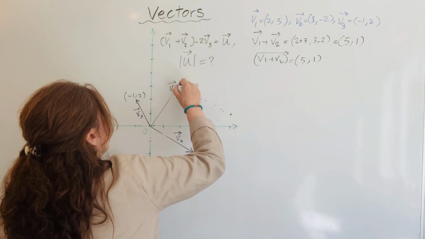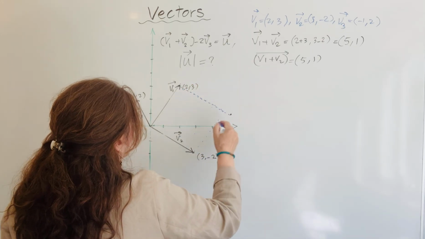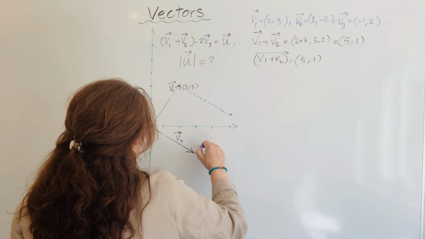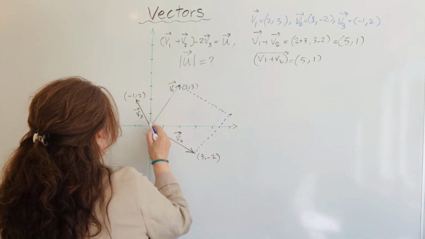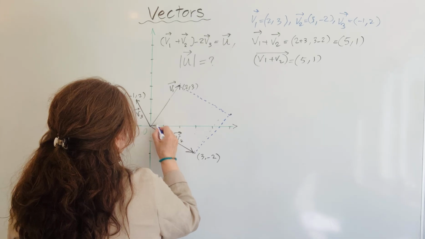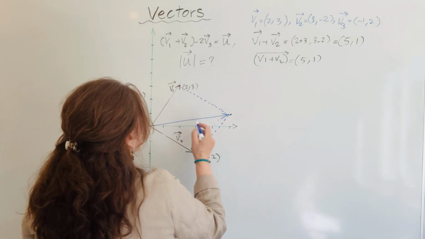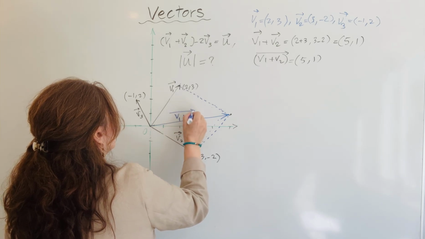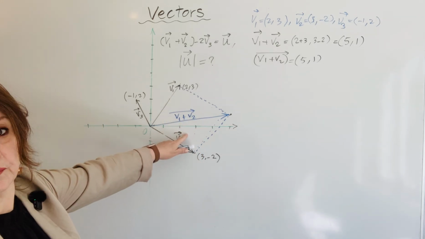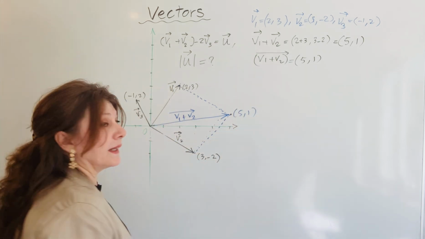If we continue this one parallel to this one, and this one parallel to this, somewhere here should be the result. The result is v1 plus v2, the addition of these. This is 5, 1, right? Good.